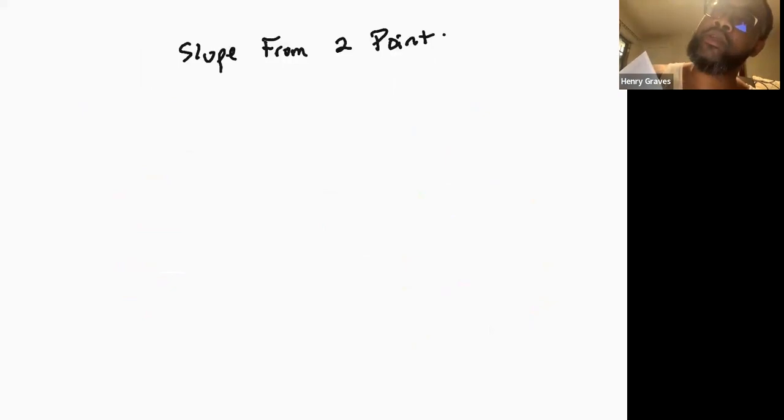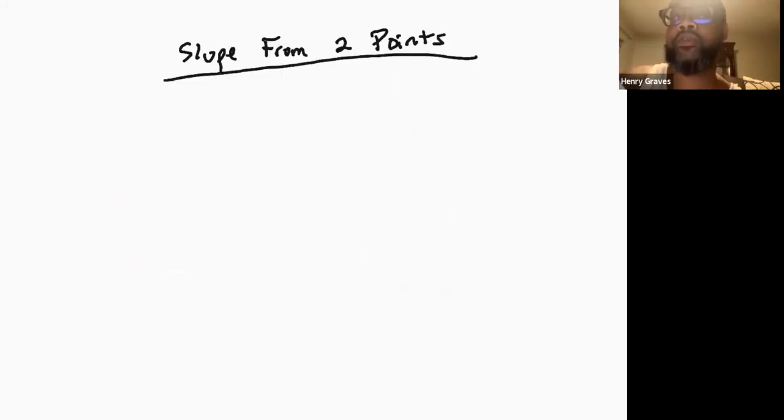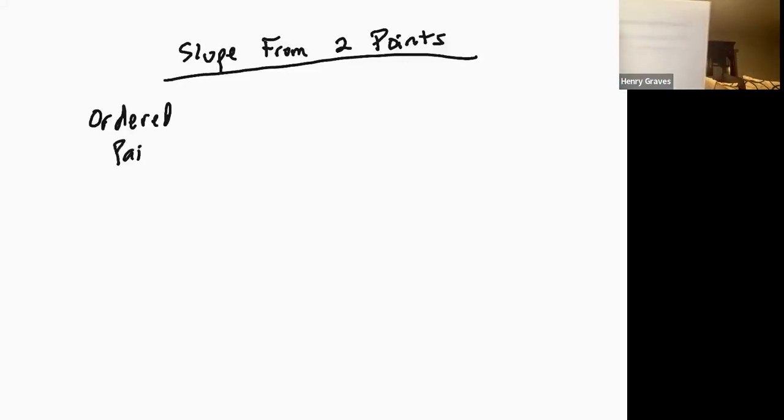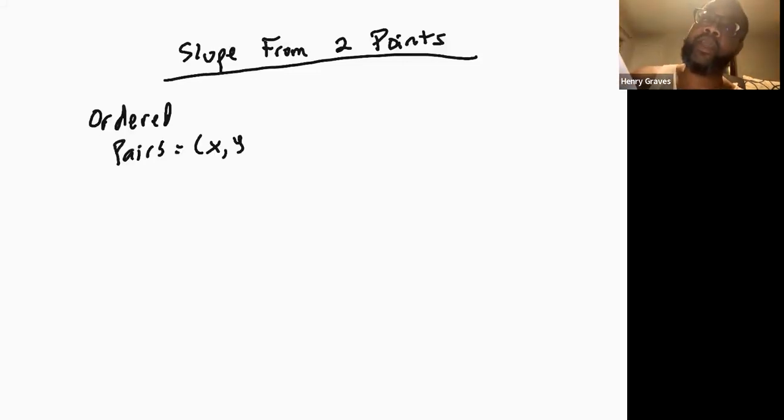Remember, ordered pairs, I need to make sure I write this, because some of us may not know it. We do ordered pairs as X and Y. So say we have an ordered pair of (8, 10). And we have another ordered pair of (-7, 14).